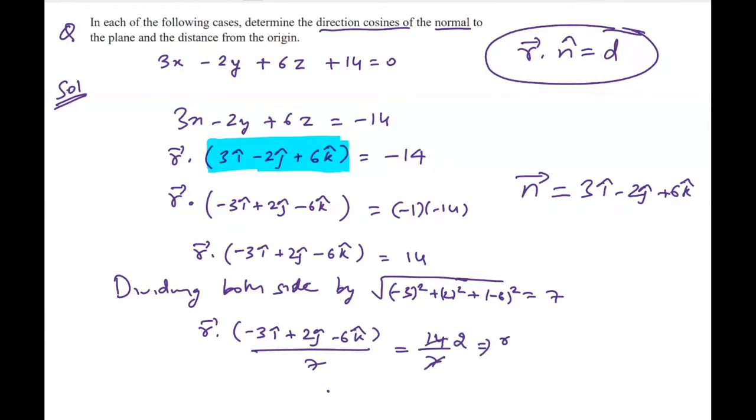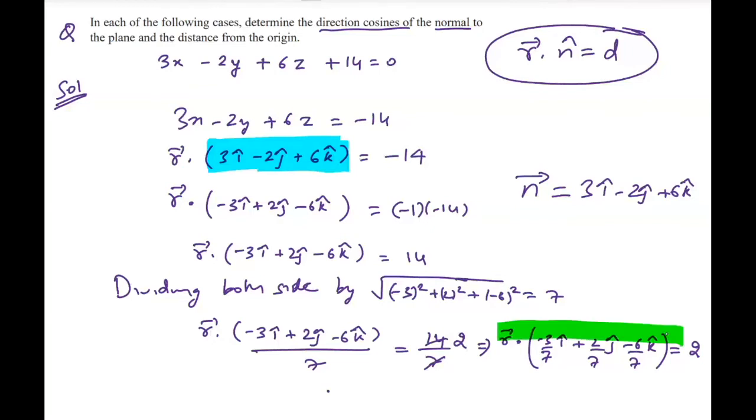You can divide in separate also, or simply write: r dot (-3/7 i cap + 2/7 j cap - 6/7 k cap) equals 2. Is there any doubt? There will always be a unique answer for n cap.